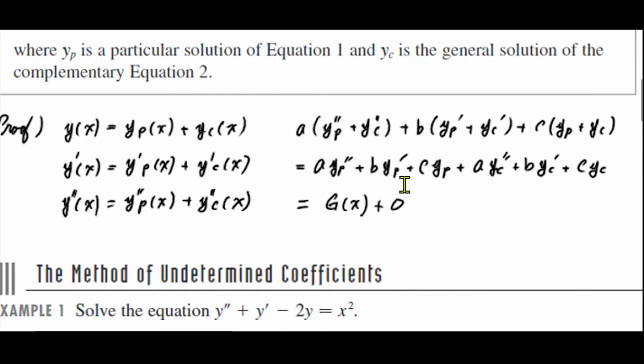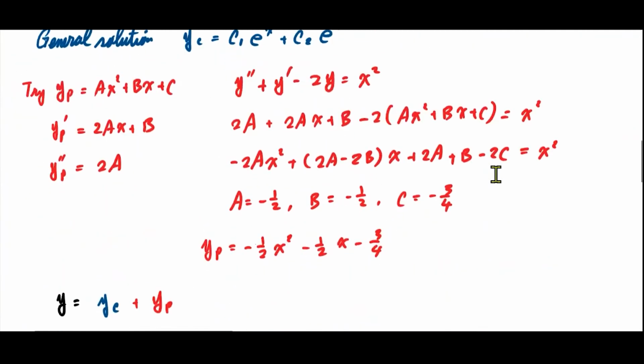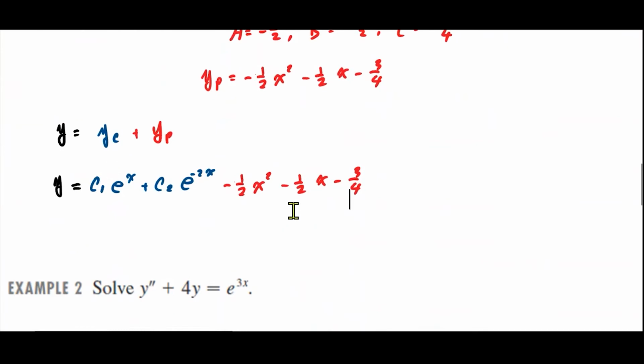If you don't believe me, you can take the derivative and second derivative of this, plug it in, and you will get exactly x squared. So when the right-hand side of the differential equation is x squared, it's x squared plus 0. This will give you 0, and this will give you x squared. That makes sense, right?